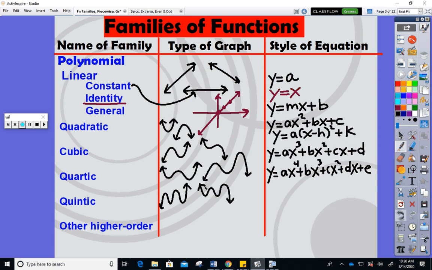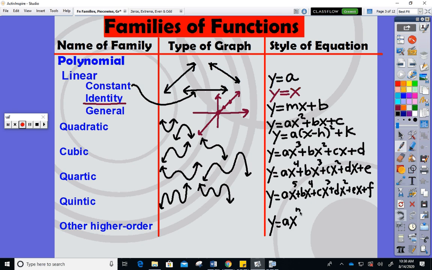All right, so quintics, of course, are y equals ax to the fifth power plus bx to the fourth plus cx to the third plus dx squared plus ex plus f. And it's a good thing I'm not going to list a bunch more of those. So any higher order polynomial doesn't have a special name, but we know they're going to lead off with y equals ax to the nth term.